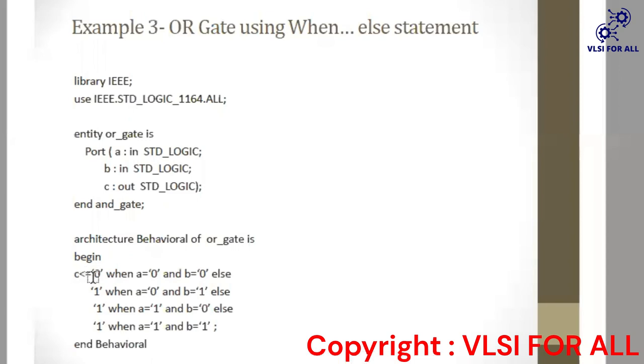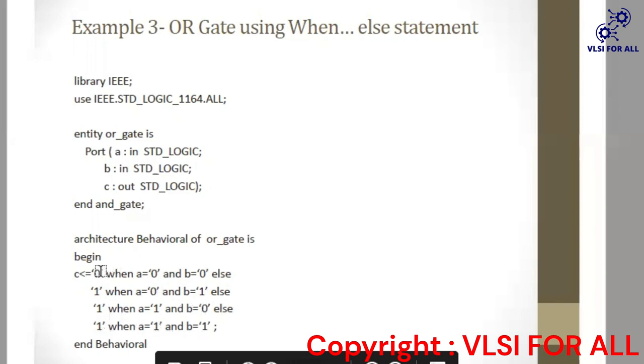In this case also we will implement the truth table of the OR gate. First we will write the output C equal to 0 when A equal to 0 and B equal to 0, and then we will use else, and else 1 when A equal to 0 and B equal to 1, else 1 when A equal to 1 and B equal to 0, else 1 when A equal to 1 and B equal to 1.